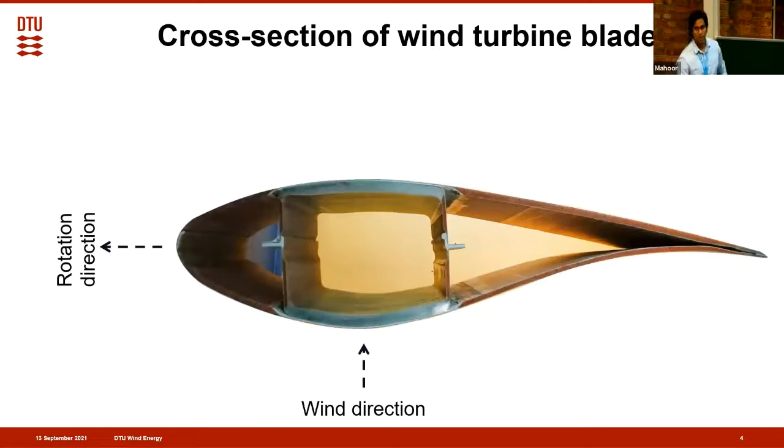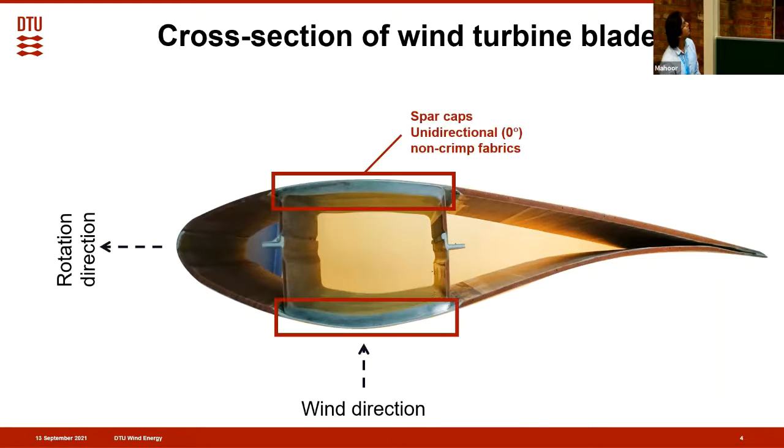Now, let's talk about the cross section of a wind turbine blade, how it looks, and which materials or which material geometry it's made up of. This is the rotational direction of the blade, and this is the wind direction. The major load-bearing component of a blade is the spar caps here, which are made up of unidirectional material.